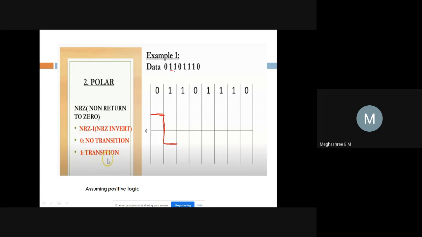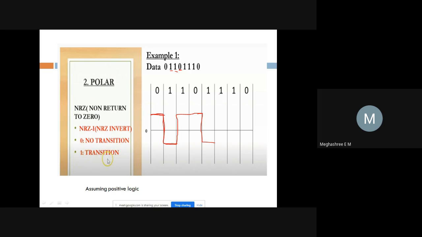Next, consider the next bit. Again it is 1, so there should be a transition. If the signal is at the negative side, you have to move to the positive side. Next bit is 1, so no wait, the next bit is 0, which means no transition, so you stay on the positive side itself. Next bit is 1, so since you ended at the positive side, you move to the negative side.